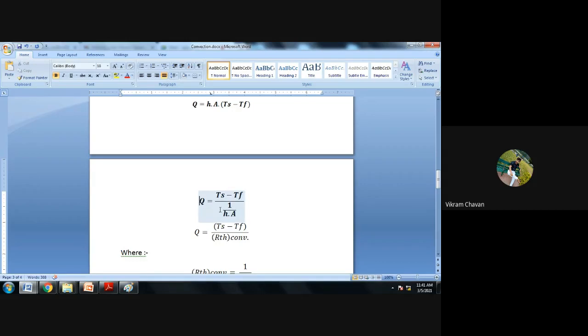So this 1 upon H multiplied by A is called the thermal resistance for convection heat transfer.